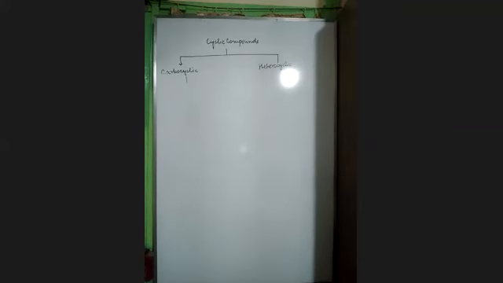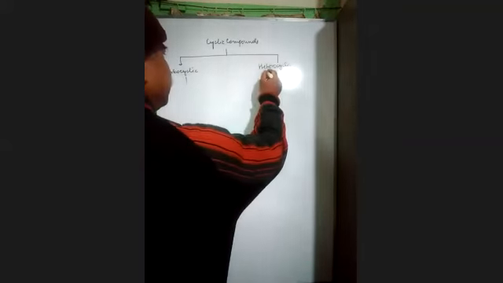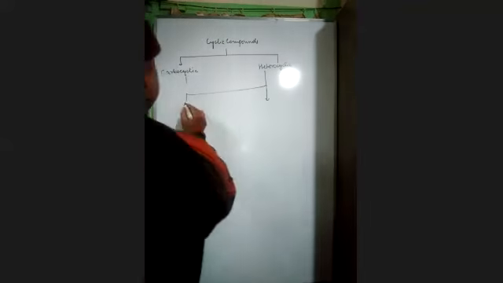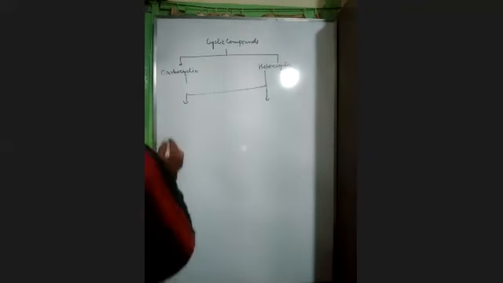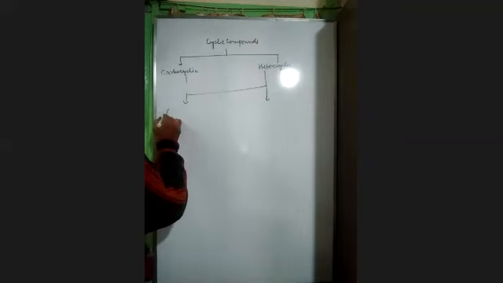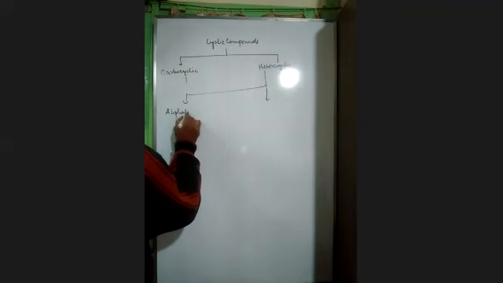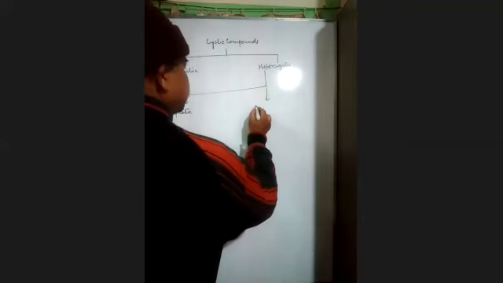Now, heterocyclic compound again can be classified into two categories. These are aliphatic and aromatic.